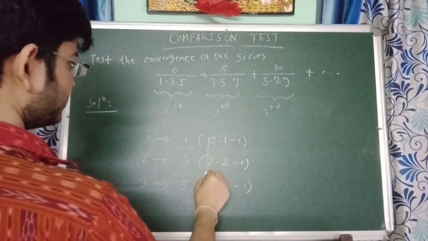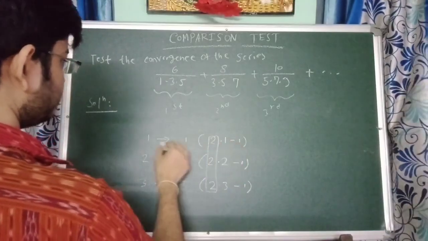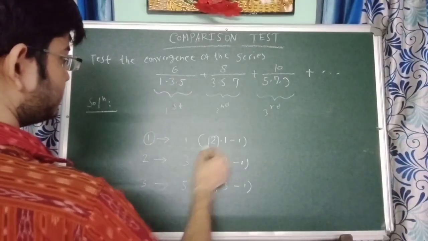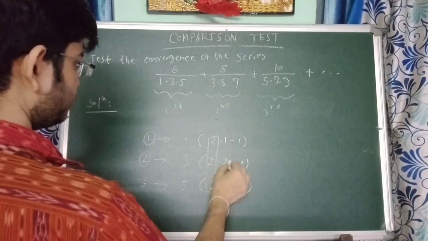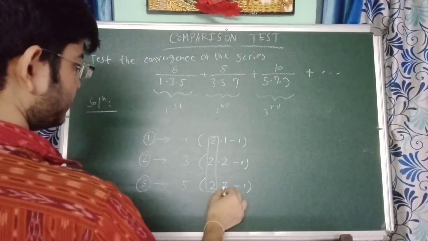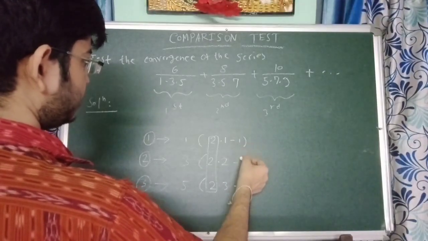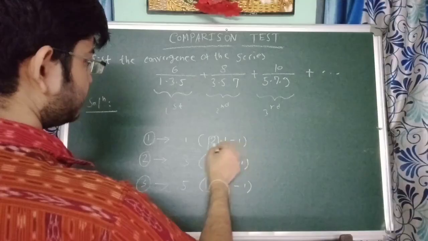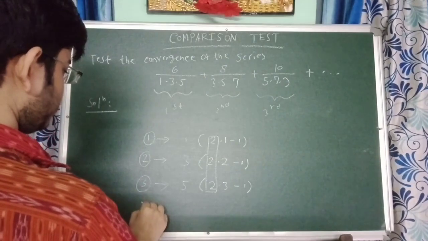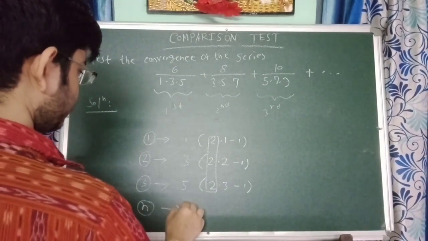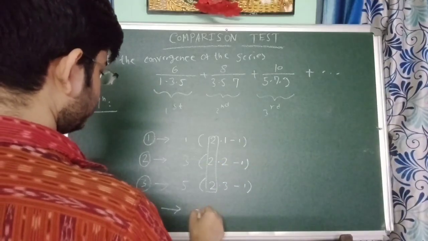Here we see that the number 2 is common. In 2 into 1, for the first term we write 1, for the second term we write 2, and for the third term we write 3, and in all three cases we subtract 1. So when we are in the nth term, from this format we can easily recognize the nth term.